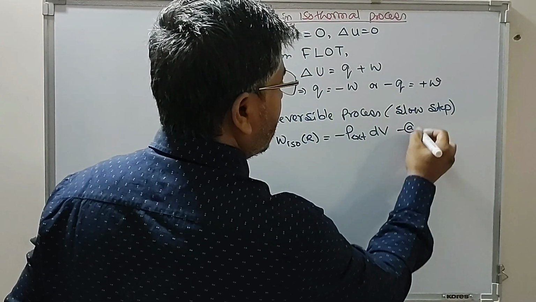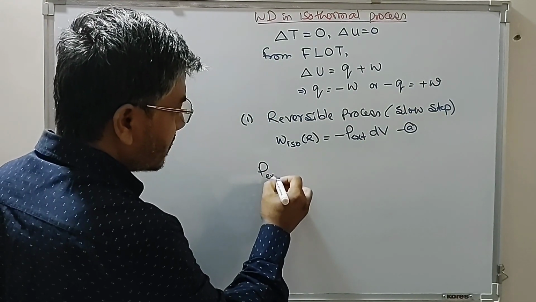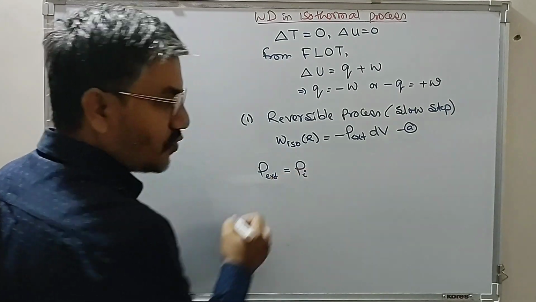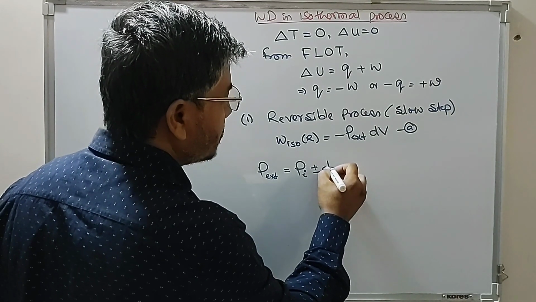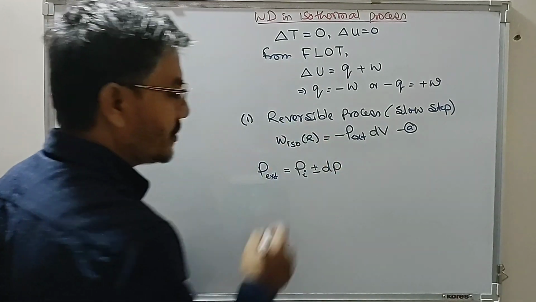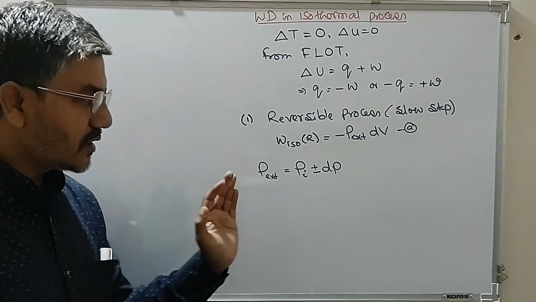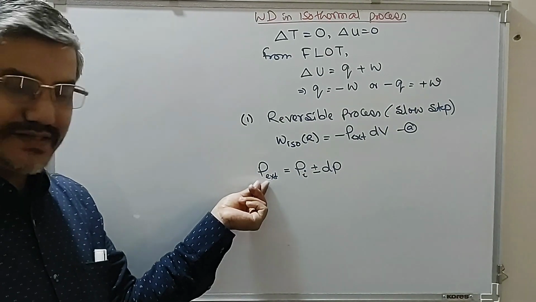Now, we can use this P external, the external pressure, is equal to pressure due to ideal gas plus or minus some small change in pressure, because the compression work or the expansion work depends on the value of external pressure.